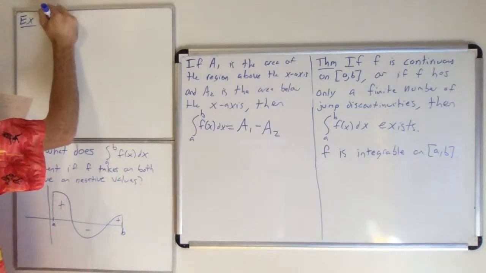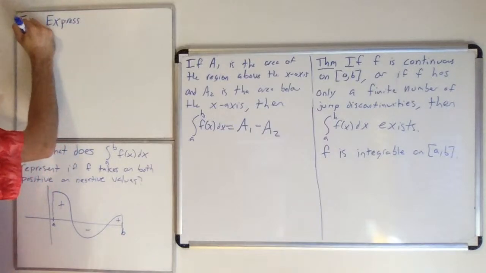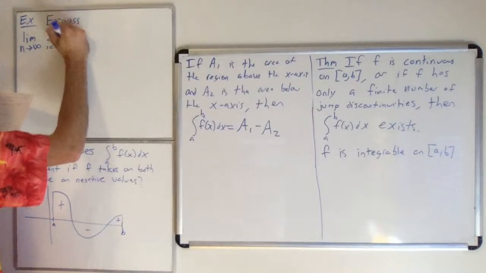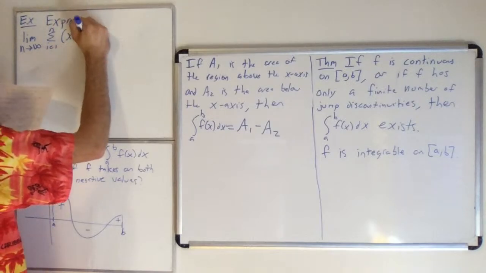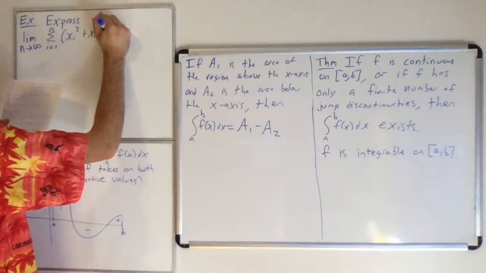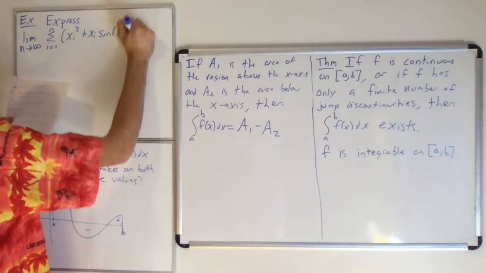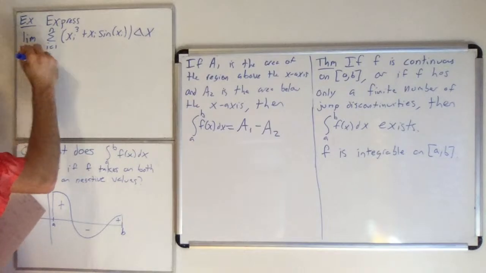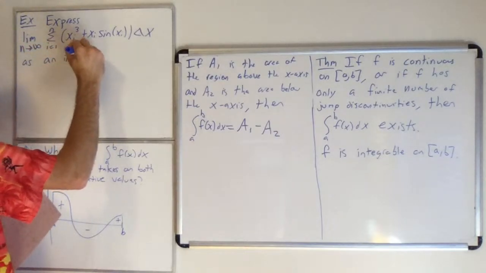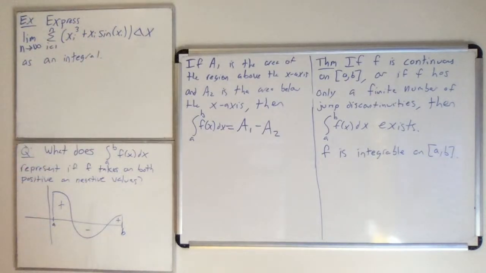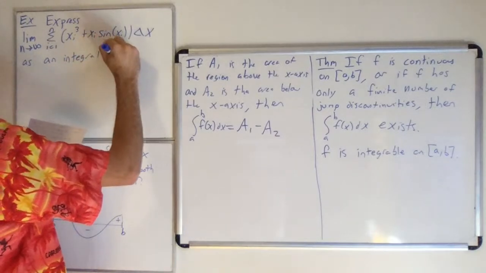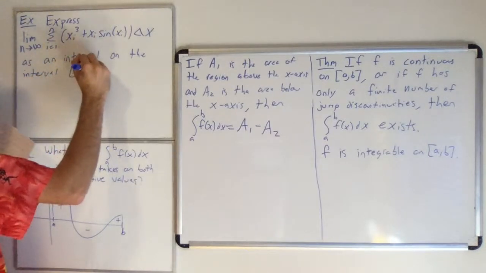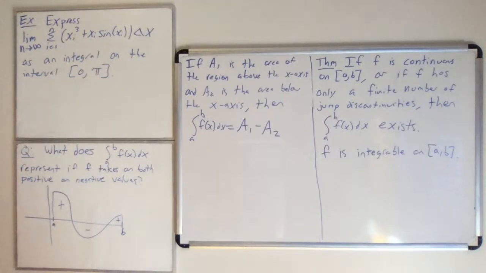So express the limit as n goes to infinity of the sum from i equals 1 to n of x sub i to the third plus x sub i sine of x sub i, delta x, as an integral, on the interval 0 to pi.